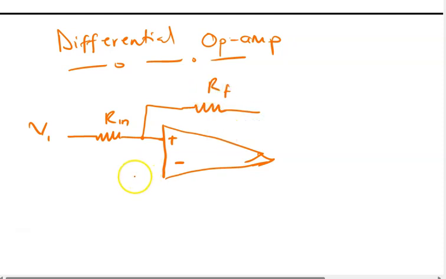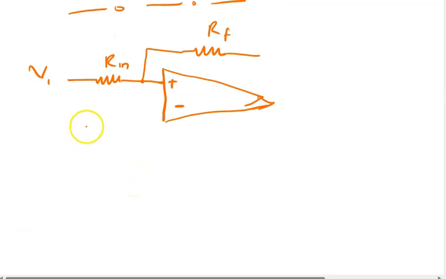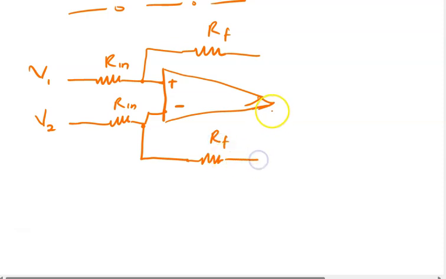The same way, we also have another input resistance over here, that is R in, and we have a voltage which is V2. Do you get it? And that one too can have a feedback resistance. Do you get it? And they are all connected to the output, which is V naught.